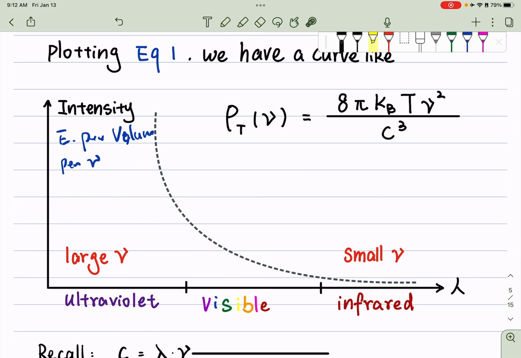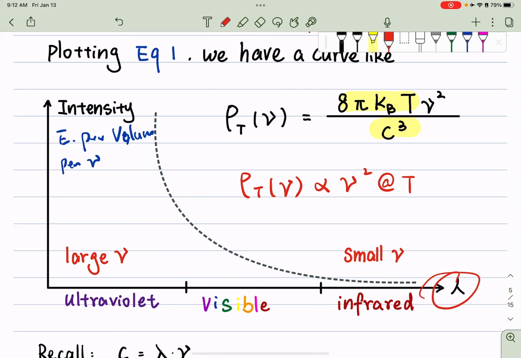And looking at this figure here, again, we have all these terms being constant. What that means is we're expecting the intensity as a function of frequency or wavelength is directly proportional to the square of frequency at constant T. If you think about it, when you have large wavelengths, you have small frequency, and you're expected to have small intensity.